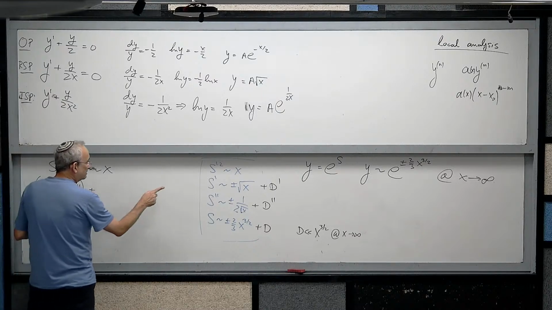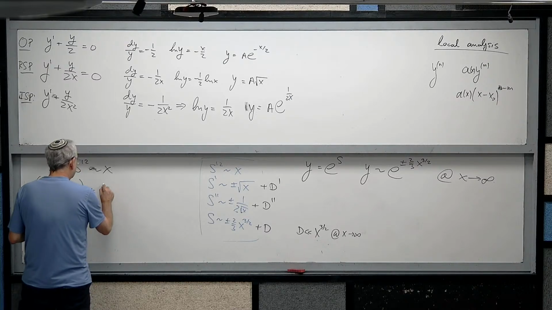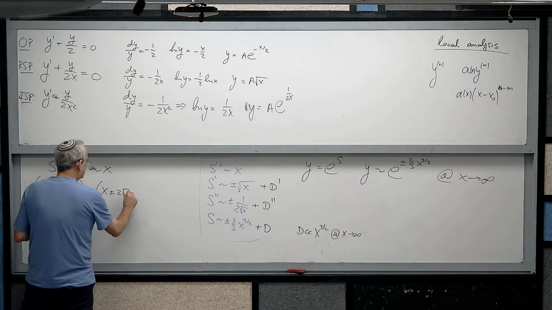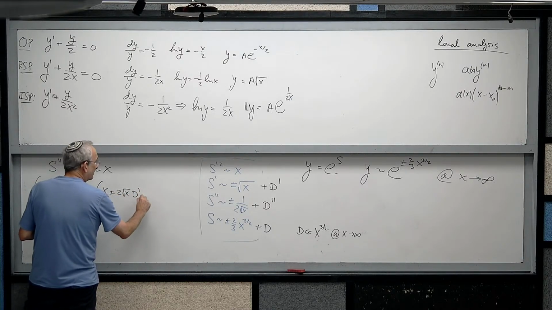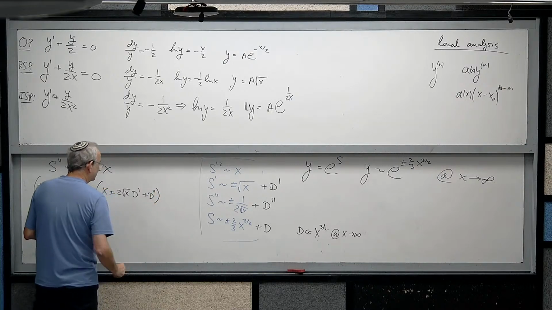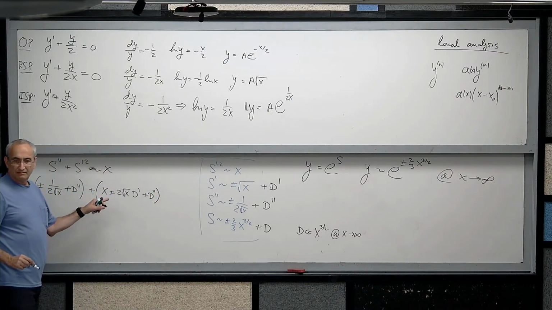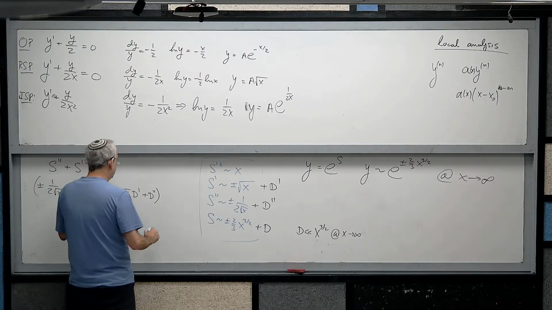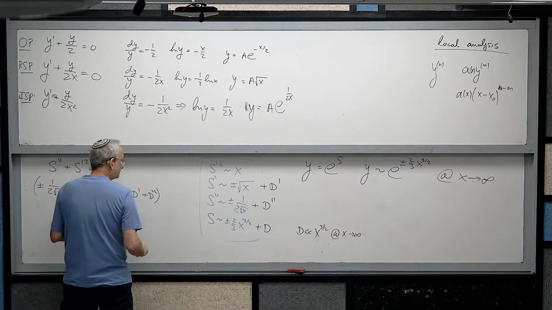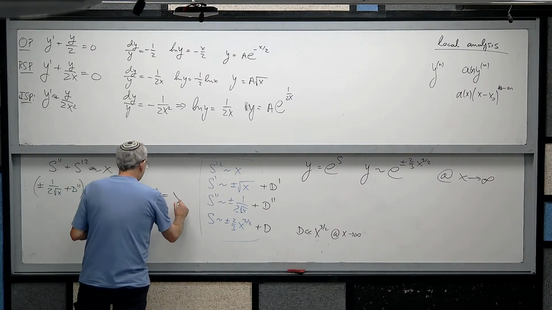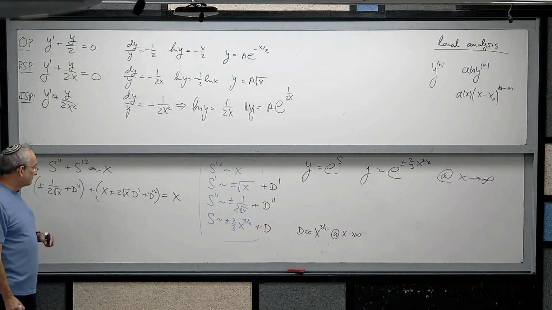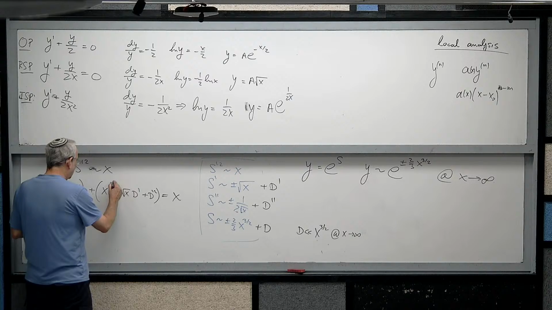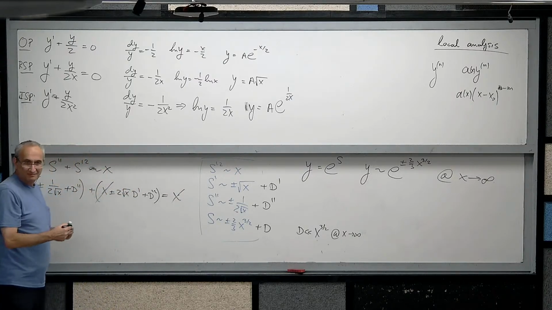S prime squared is x plus minus 2 square root of x d prime plus d prime squared. All this must be equal to x. Now, this x and this x cancel out. This is actually what we did in the last step.